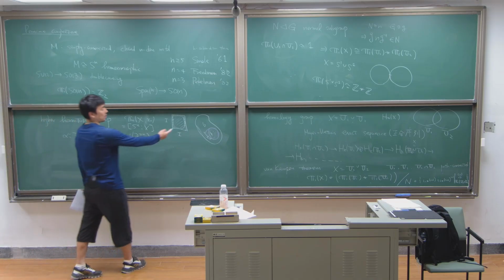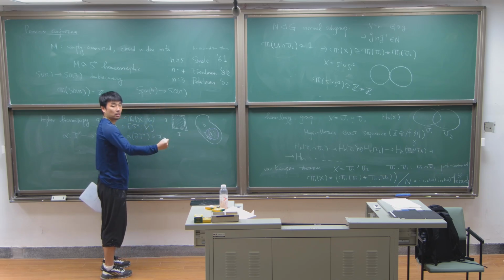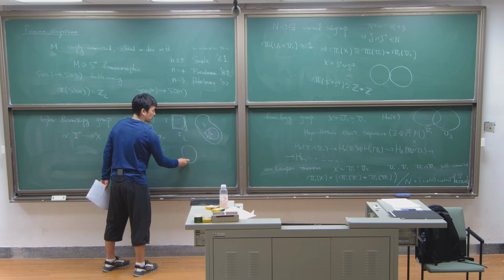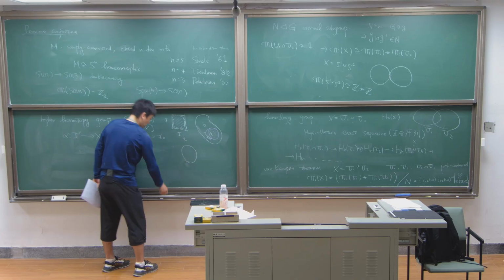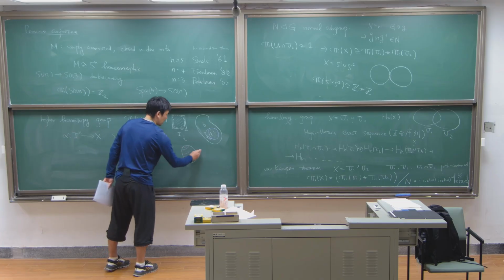So you see that if you identify the whole boundary, it becomes S^n. Identify all the boundary points to the south pole, and this purple part becomes this part. Therefore it becomes S^n.